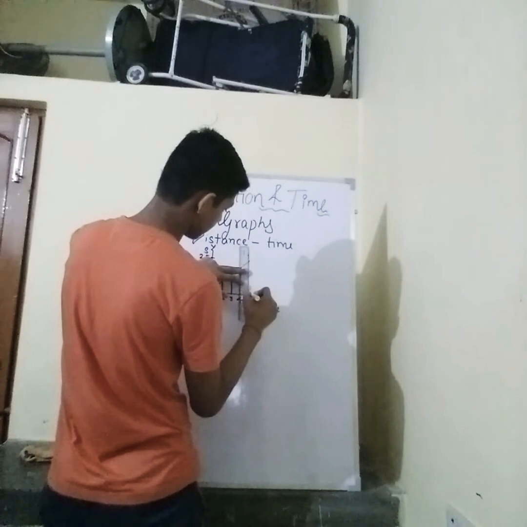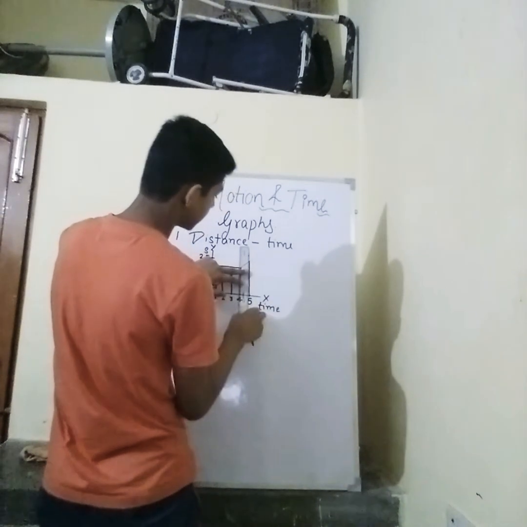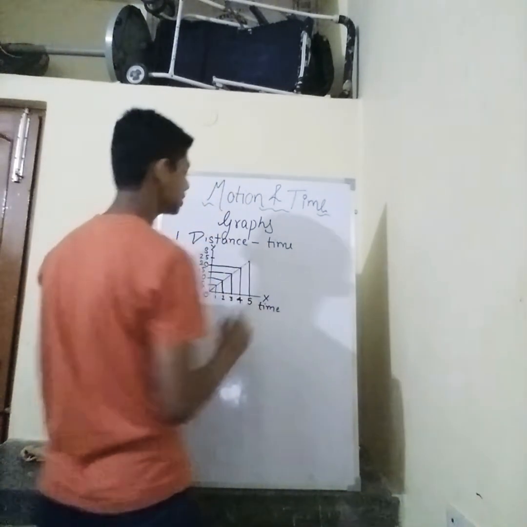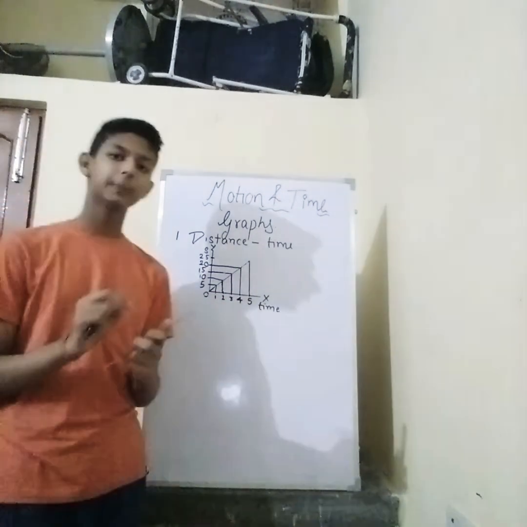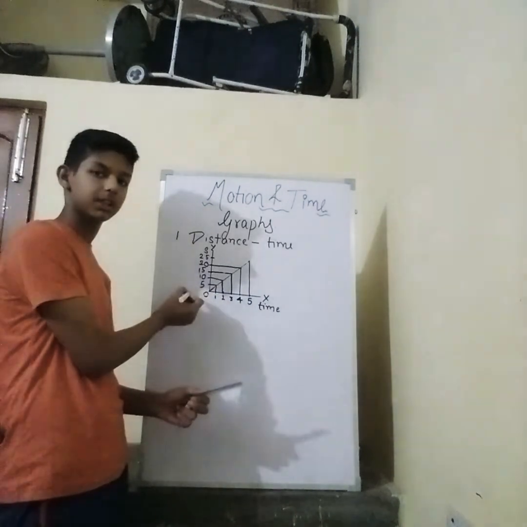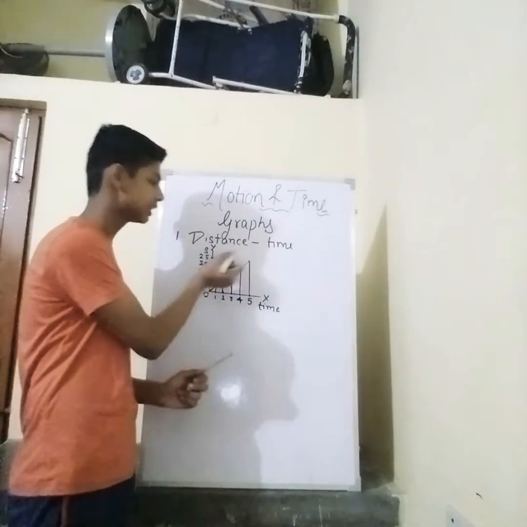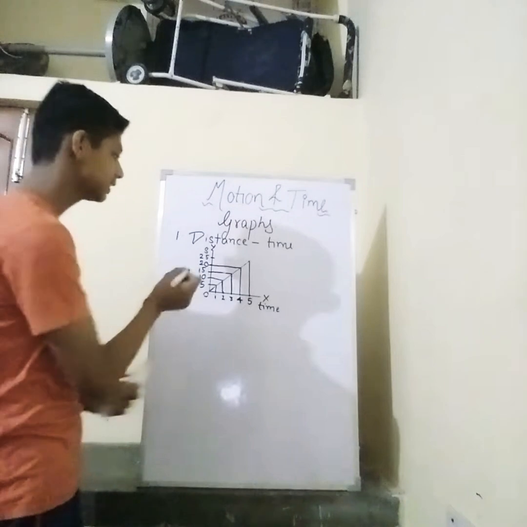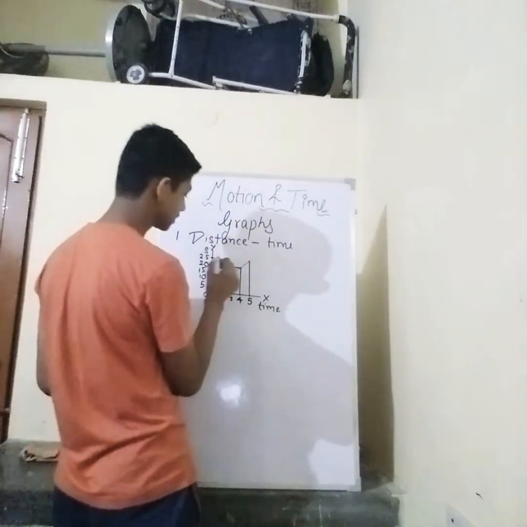From the distance time graph we can conclude the instantaneous speed of any journey, which means what its speed was in the second second, and what its speed was in the fifth second. This is the benefit of graphs.